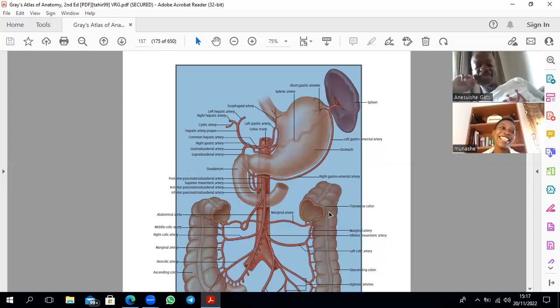Then the splenic artery. Did you ever talk about something called the stomach bed?